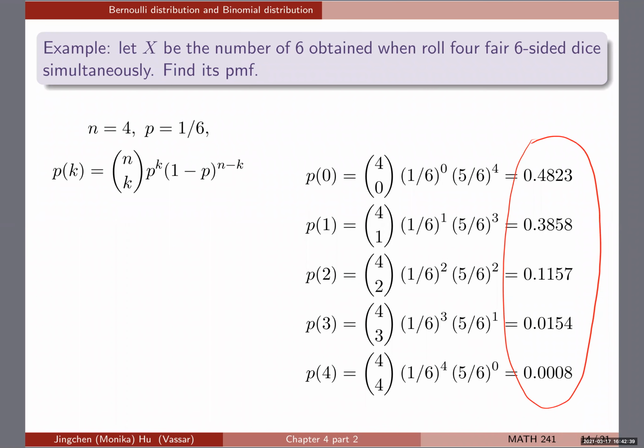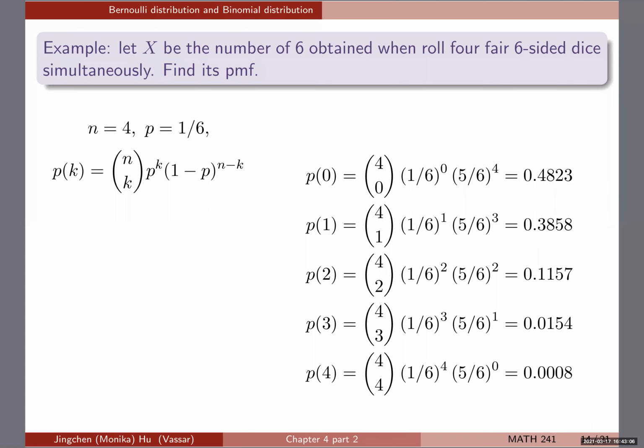This is not surprising, because the random variable X can only take one of the 5 values over here. We have a partition, they're disjoint, and we have exhausted the entire sample space. By one of the axioms we covered about probability, the sum is 1, so they should add up to 1.